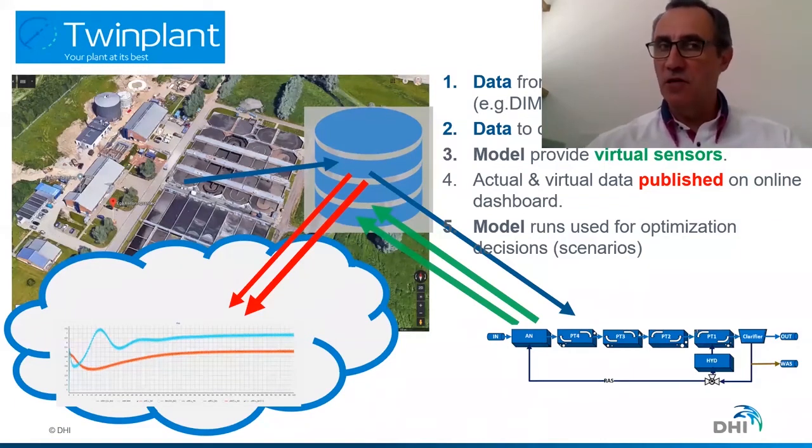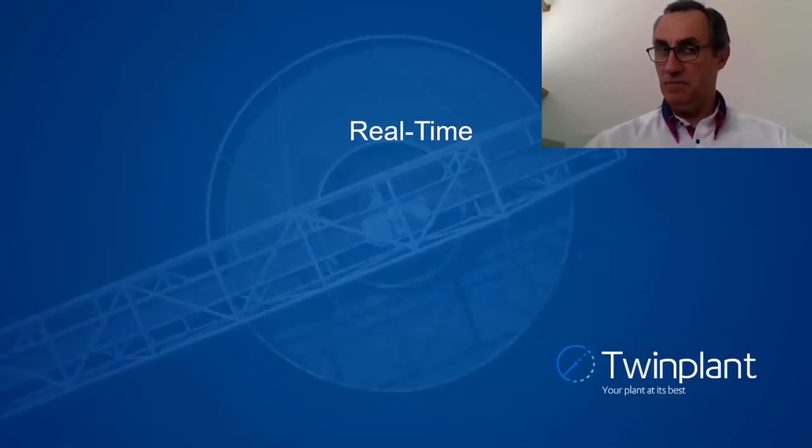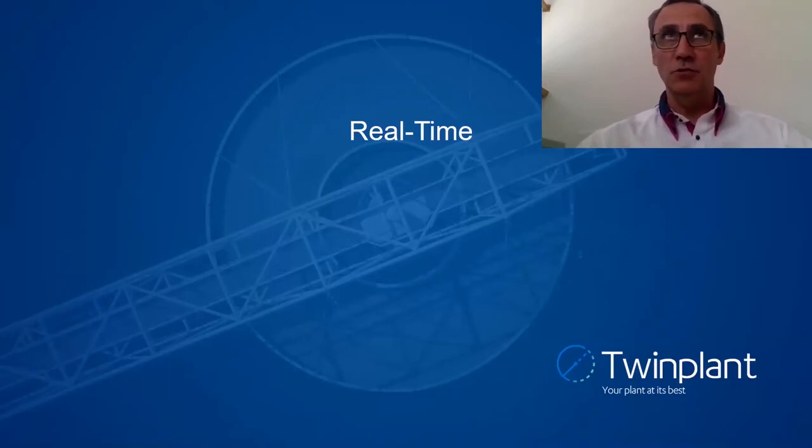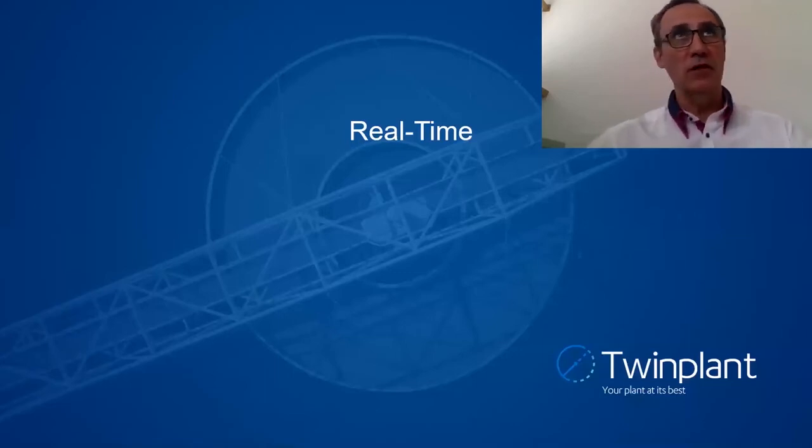So what is the difference between this and the previous stages that I was speaking about? The difference is only one word, that this is happening in real time. So all of these tools have to be ready to do all the tricks and all the performance in real time.